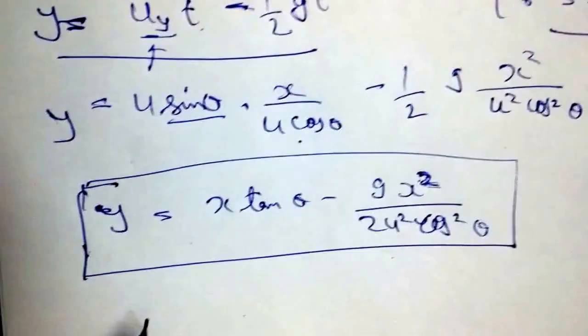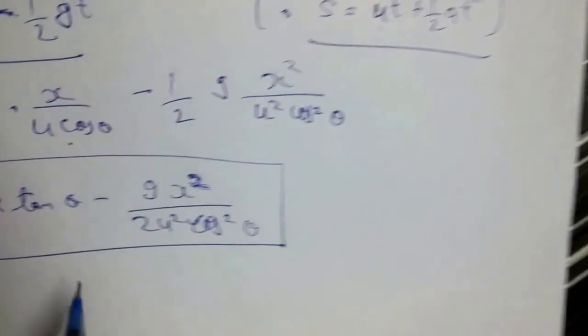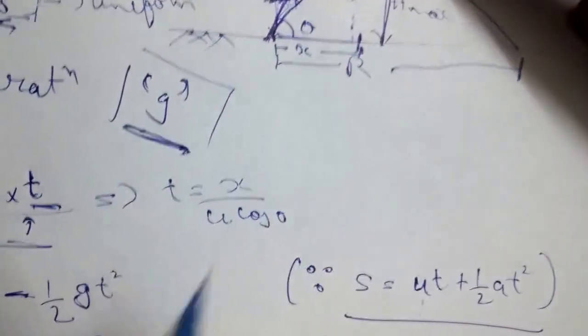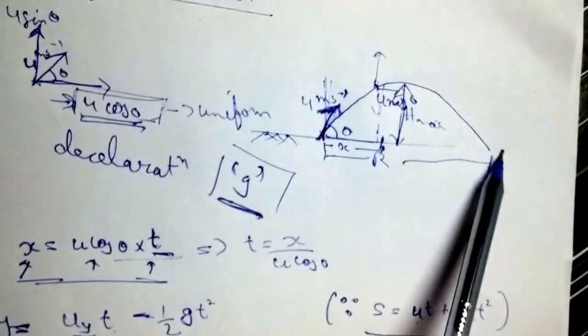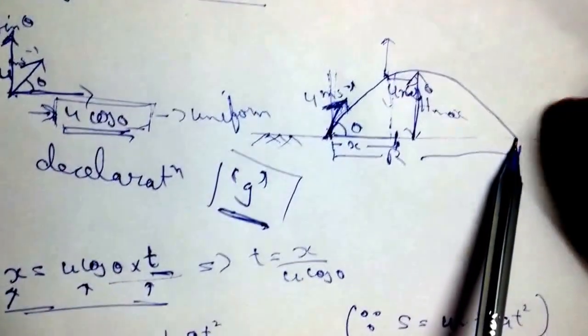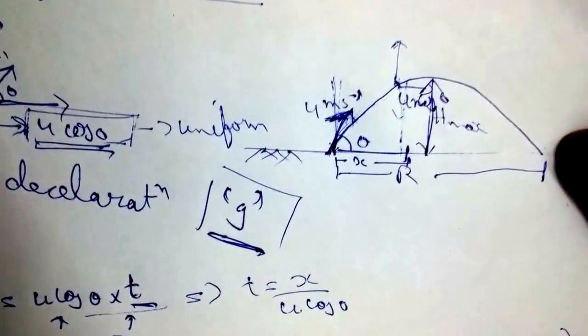Now from this equation I can find the time taken by the projectile motion, that is the time taken by the ball to reach from this position to this position, again when its height decreases to 0.